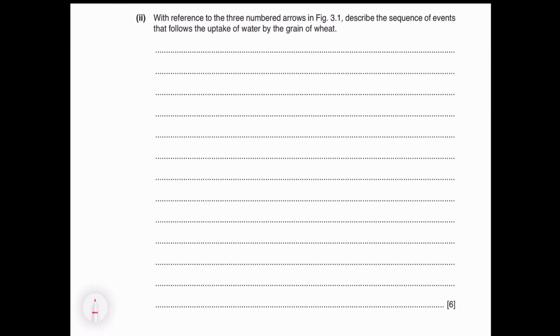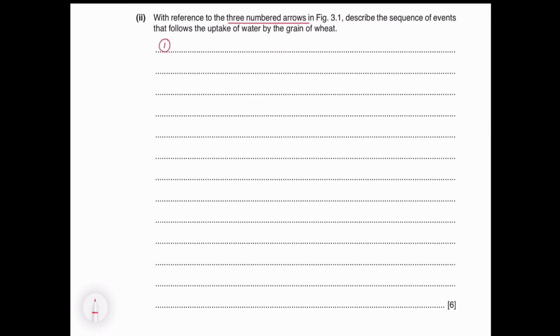For this structured question, since they just need you to refer to the 3 numbered arrows, we are going to describe the process with reference to the arrows. Therefore, some of the details we are not going to include, unless you come across an essay question, then you will be able to use all the points. So number 1, what is happening?